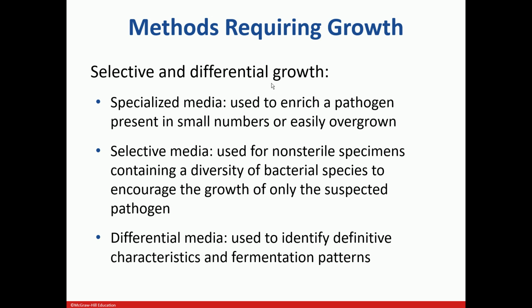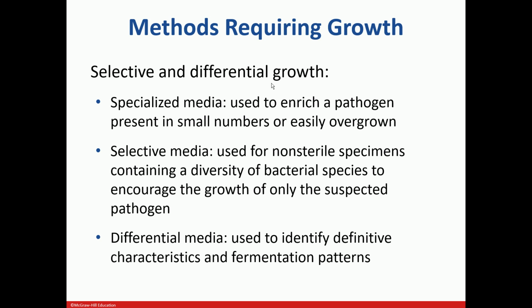For this purpose, we can use selective medium, which, as you already know from chapter number 2, is that medium which lets only selected microorganisms grow. Like some mediums will not let gram positive bacteria grow, or some mediums will not let gram negative bacteria grow on them, because they have some agents in them which inhibit the growth of some specific kinds of microorganisms. And we can also use differential medium.